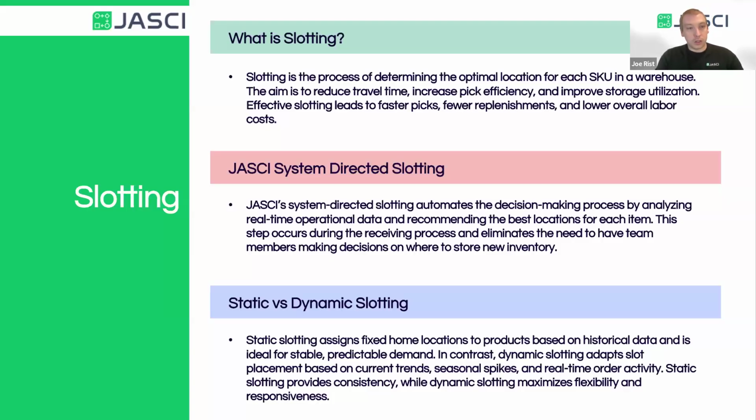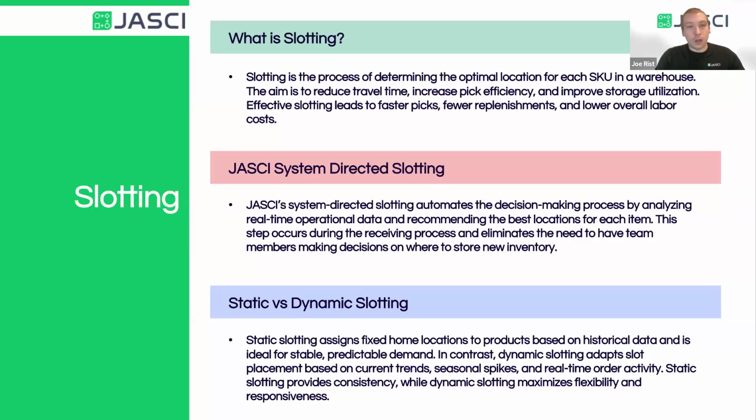So JASCI has to account for that. We have system directed slotting, which means that we are going to be doing the slotting process during the receiving automatically. And then the user is simply going to be scanning the putaway label and being directed to the location that JASCI chose for that inventory to be put away to.